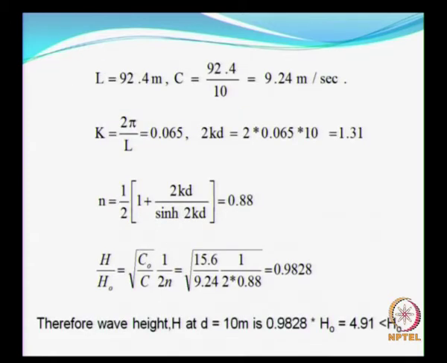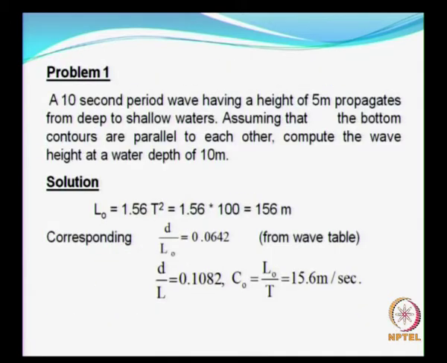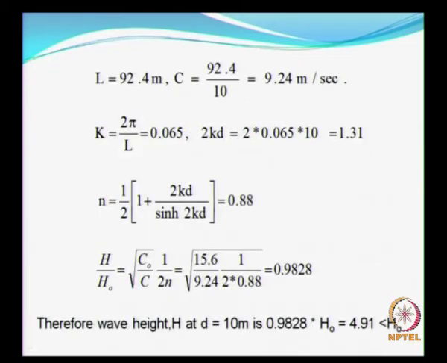Since the water depth is known, from this relationship you can get the wavelength, and the wave celerity is L by T, as we have seen earlier. Now that we have the wavelength, you can calculate the other parameters, and all these parameters are needed to evaluate the factor n, which can also be taken directly from the wave tables.